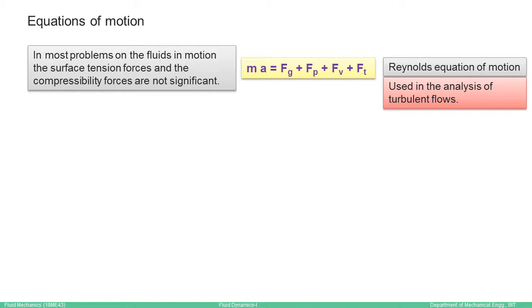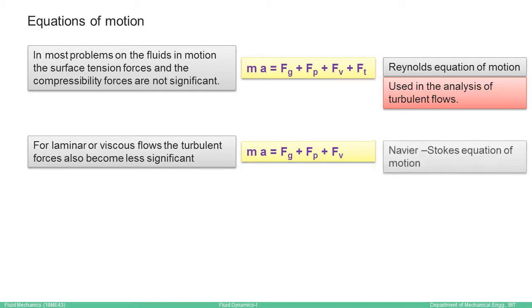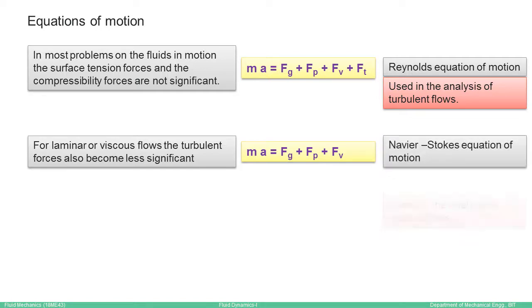And in such cases, the turbulent forces are not significant and can be neglected. In such cases, we have ma is equal to gravity force plus pressure force plus viscous force, and we call this equation of motion the Navier-Stokes equation of motion, which is used in the analysis of viscous flows, where only three forces are considered.